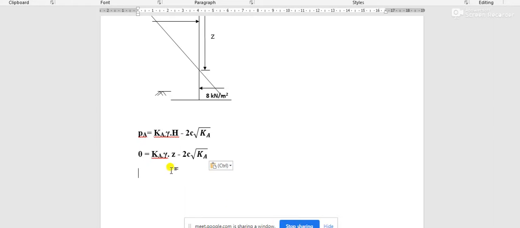This will be the final modified equation.